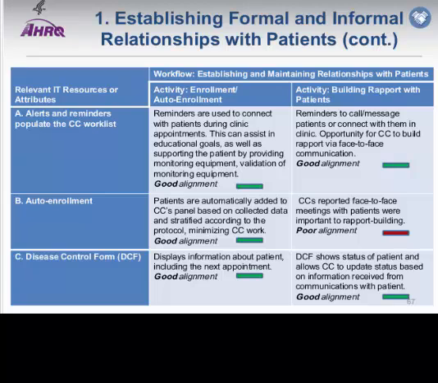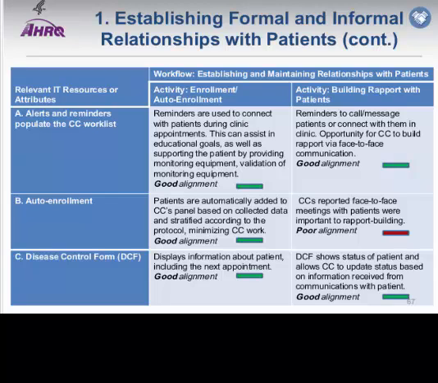And then across the top are descriptions of workflows. In this case, the main activities associated with establishing formal and informal relationships. In the cells that fill out the table, we made comments and judgments about how well the IT supported the activity, and these are color-coded.